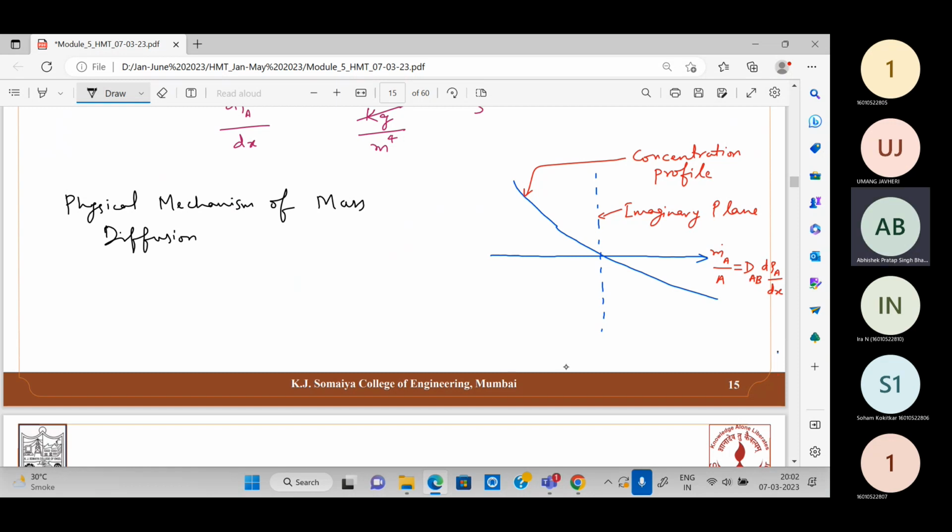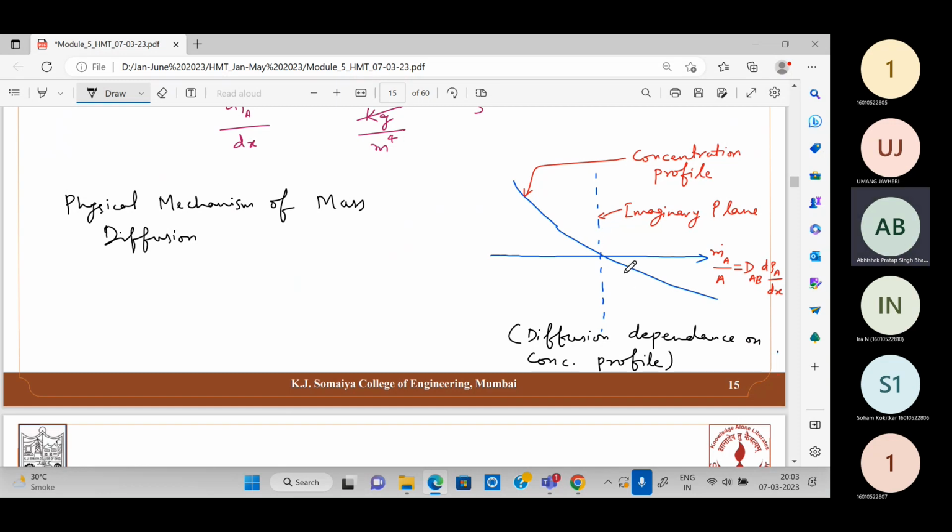Basically this figure shows the diffusion dependence on concentration profile. You can see the concentration of component A is greater on the left of this imaginary plane than on the right side.